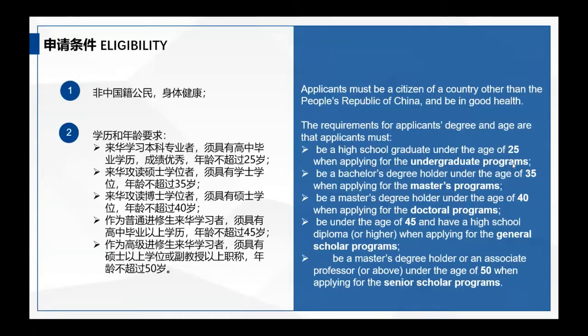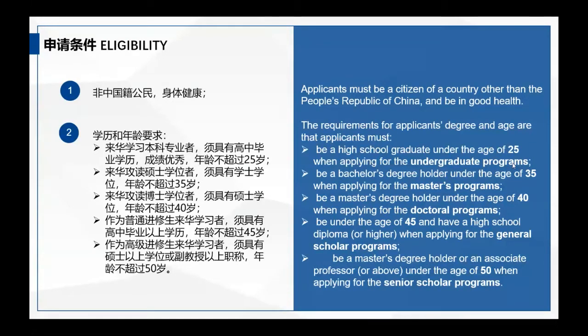If you are applying for the undergraduate program, you need to be a high school graduate under the age of 25. If you are applying for the master program, you need to be a bachelor degree holder under the age of 35. And for PhD students, you need to have a master degree and be under the age of 40.